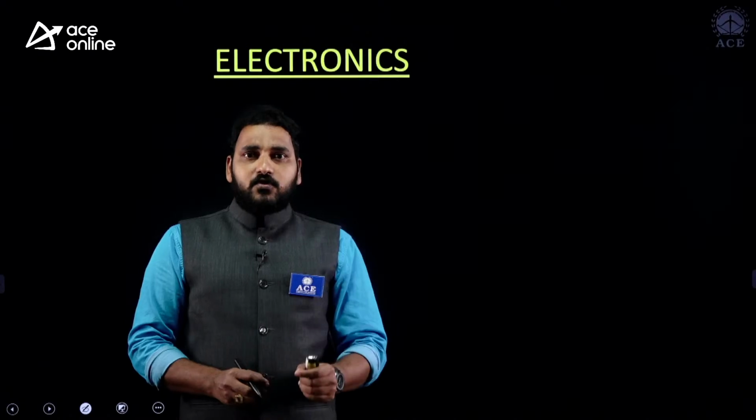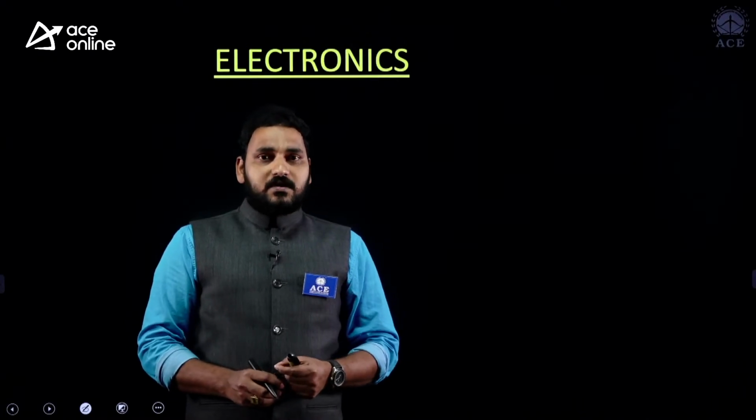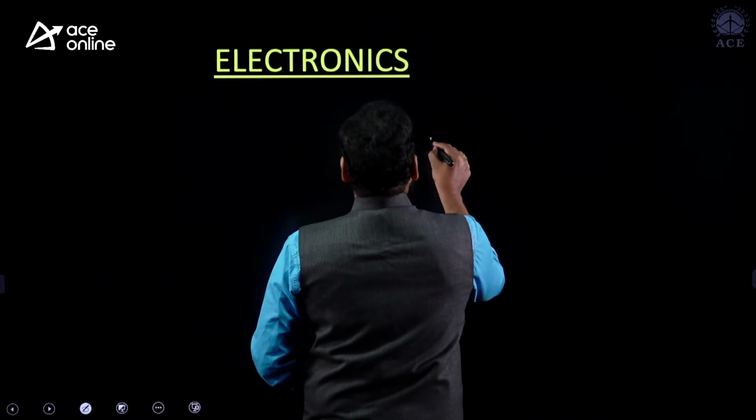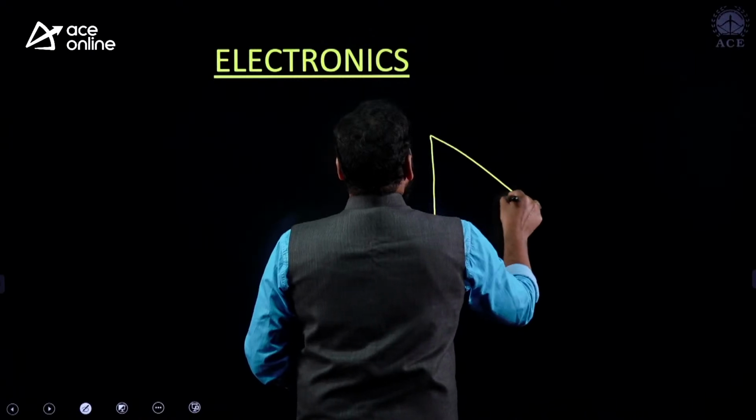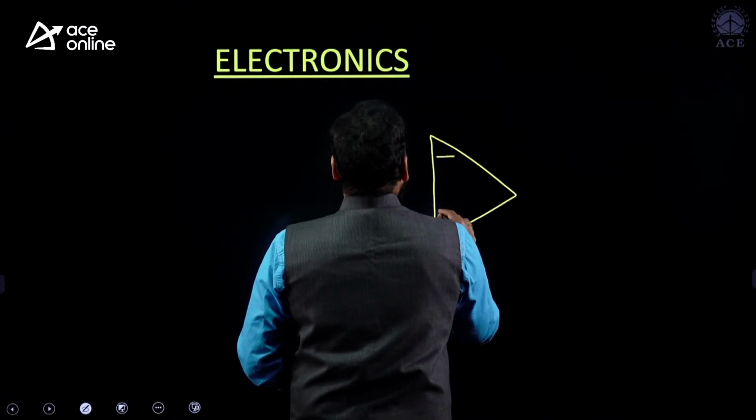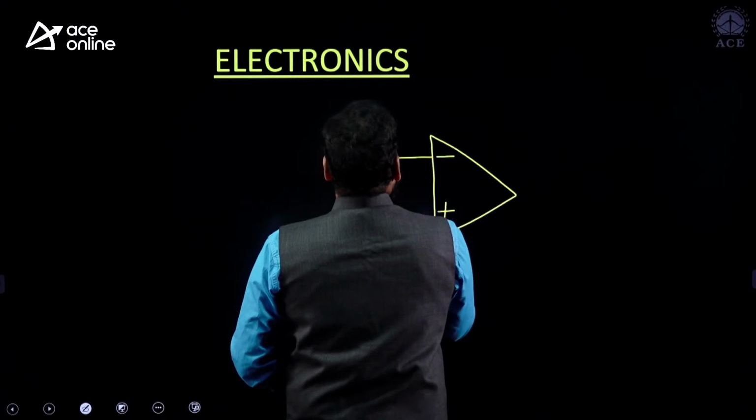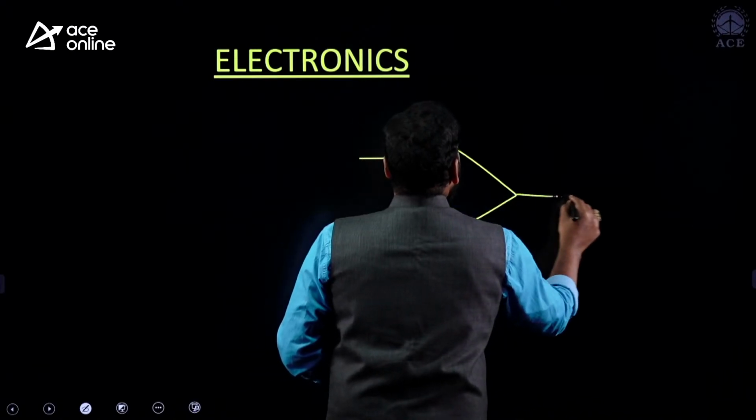For IC 741 we need 2 different power supplies, positive side and negative side. And my dear friends, this is the IEEE symbol of an operational amplifier, which can amplify only the difference of input.